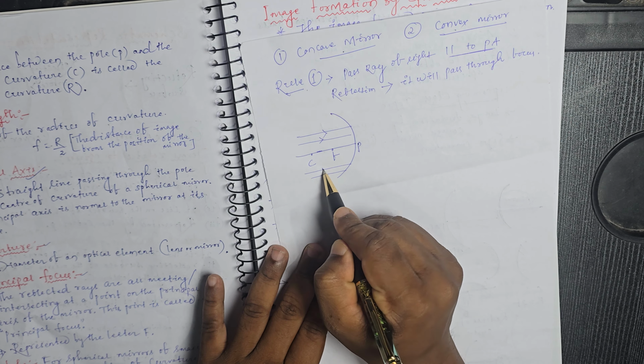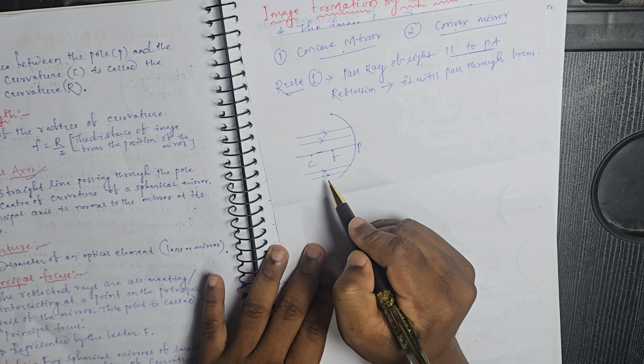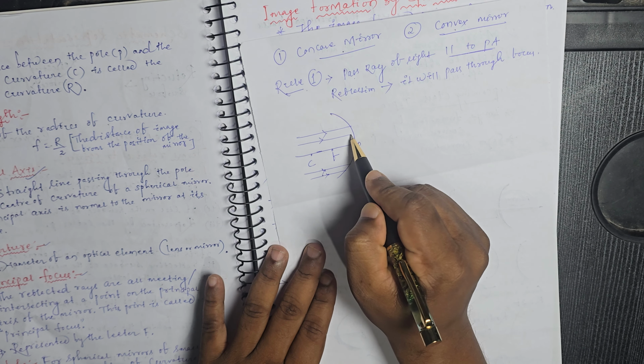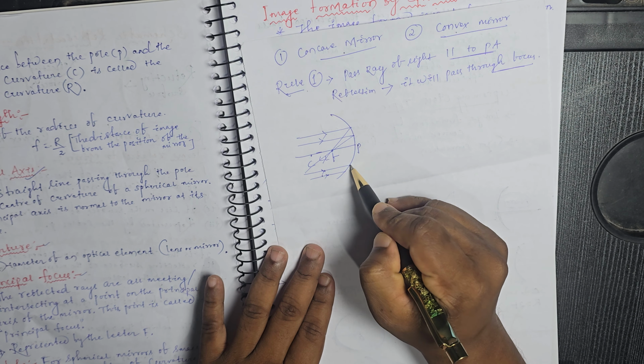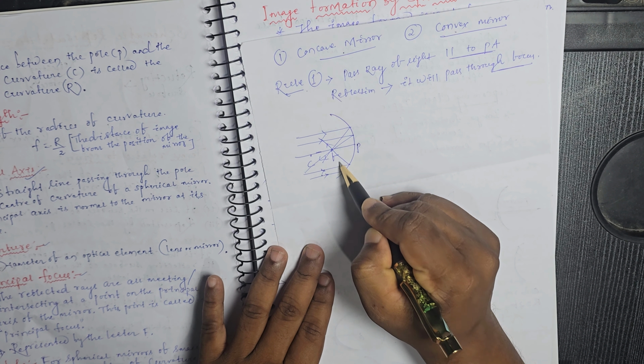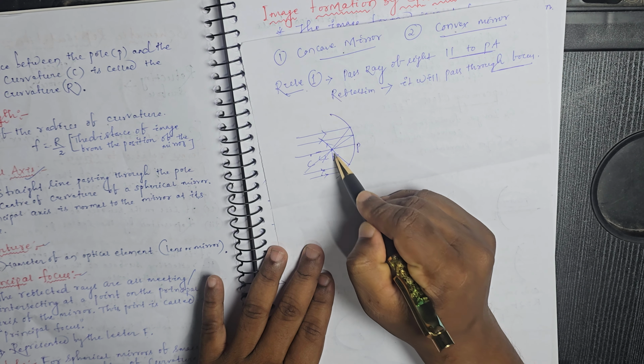This ray, or even this ray, they all are parallel to the principal axis. According to the statement, they will pass through the focus. So after reflection, it will pass through the focus. Here also focus. Here also focus. So this rule you can apply in either case of the mirror.